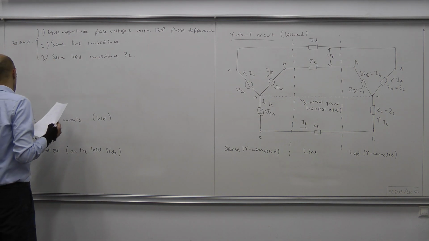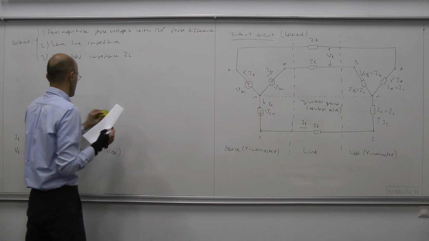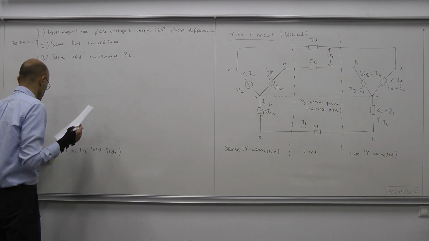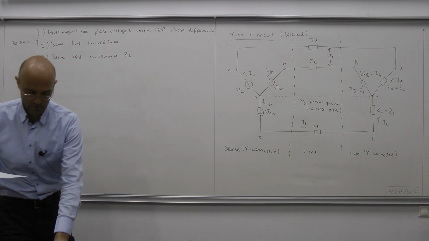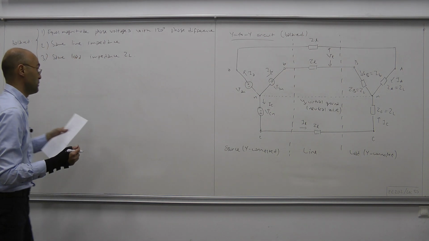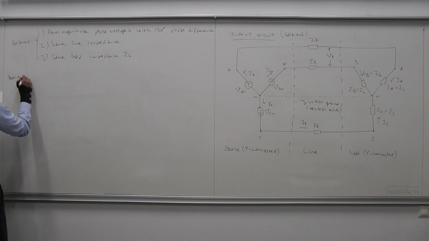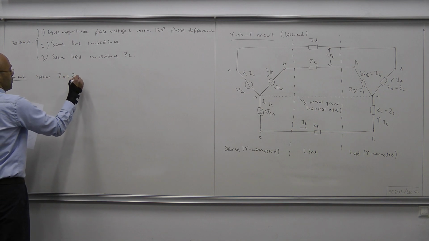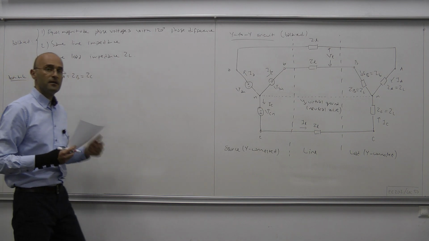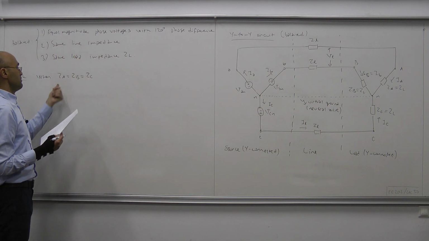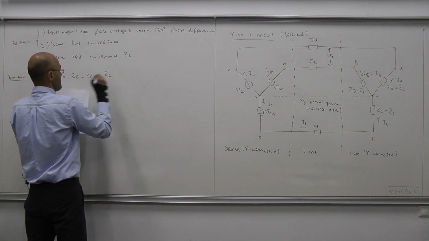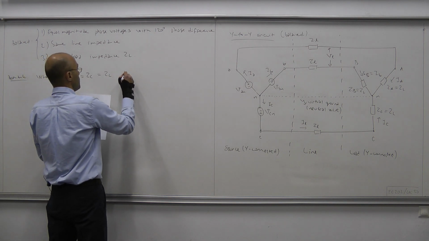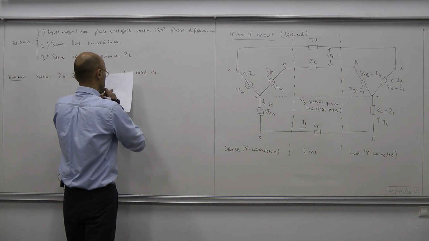Now, if these conditions are satisfied, under which we can call the circuit balanced, studying the circuit becomes very simple if you exploit the symmetry, which we will. So let me put that down as a remark. When ZA equals ZB equals ZC, the per phase impedances are the same, which then is called Z sub L, the load is said to be balanced.